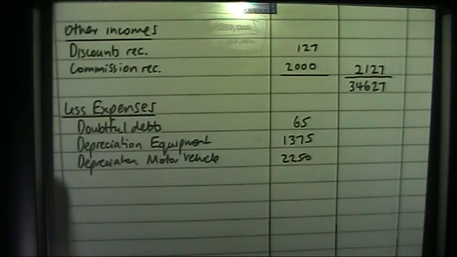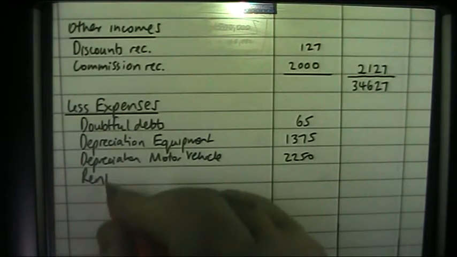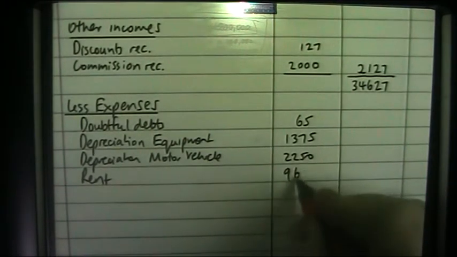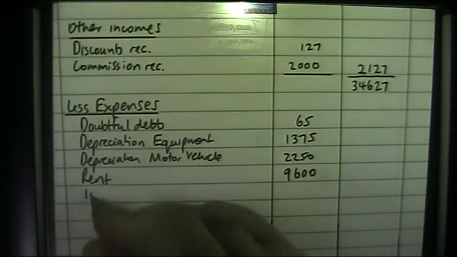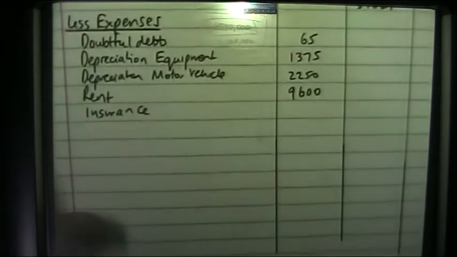Right, so I need to go to the trial balance again and have a look at all my expenses, remembering all the time that I need to add on my accruals or minus my prepayments. Alright, okay, so let's go down the list. First one, let's try that one, rent for 9,600. Insurance, move that up a bit so you can see.